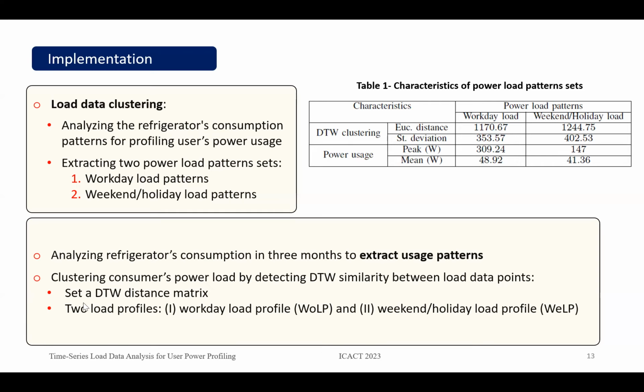Based on that, we introduced two pattern sets: workday load patterns and weekend or holiday load patterns. Based on these two load patterns, we measure their similarity using the DTW algorithm.